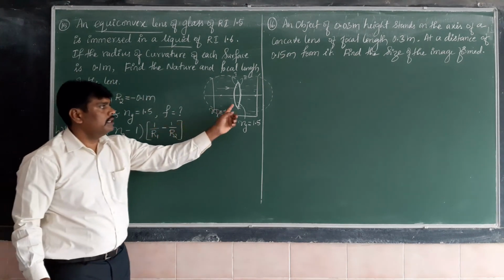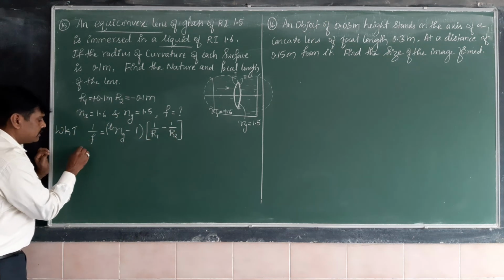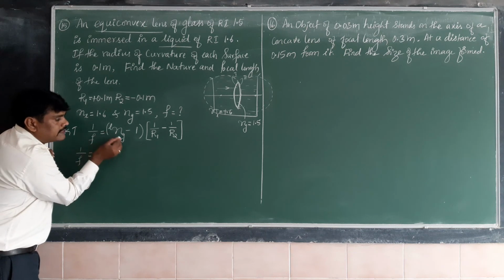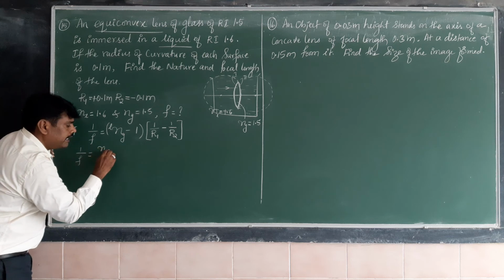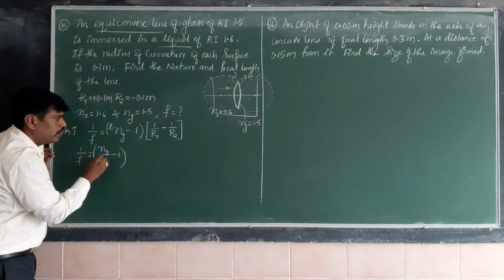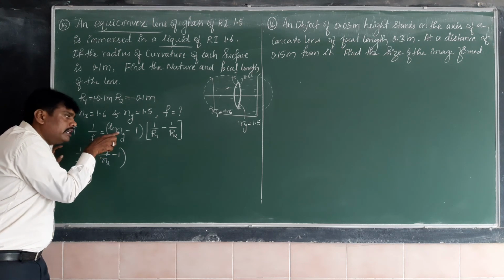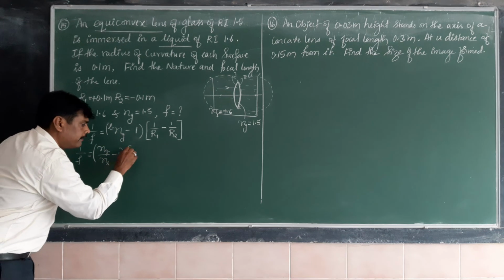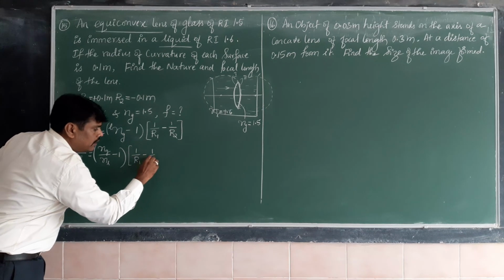Whatever focal length is obtained, let us consider it f. Now substitute all the values. 1 by f is equal to, refractive index of second media with respect to first media, that is Ng divided by NL, minus 1, because the definition of refractive index says refractive index of second media with respect to first media, times 1 by R1 minus 1 by R2.